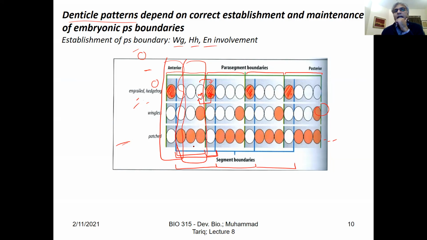Although the receptor Patched, which is for hedgehog, is present here as well, hedgehog signaling is not active here. It's only active in this cell where you have engrailed being expressed, because engrailed is the one which activates the hedgehog gene as well.